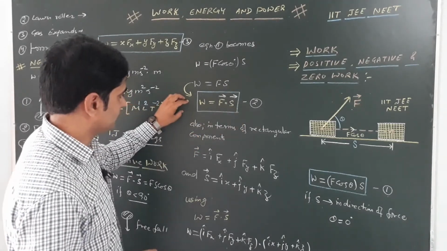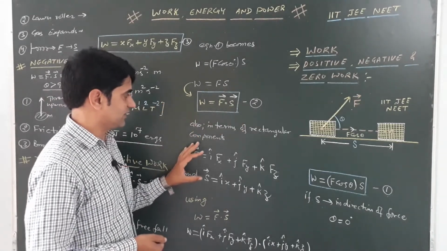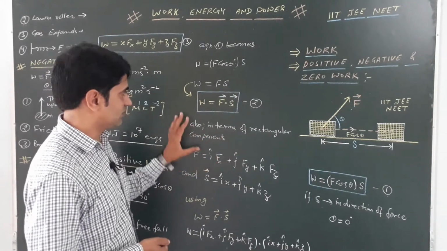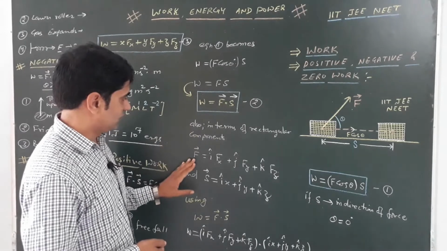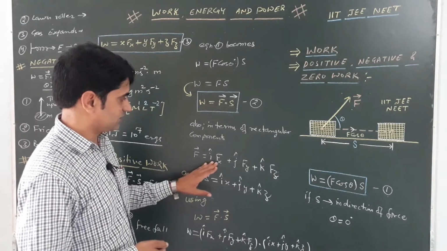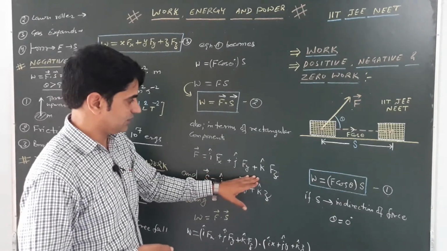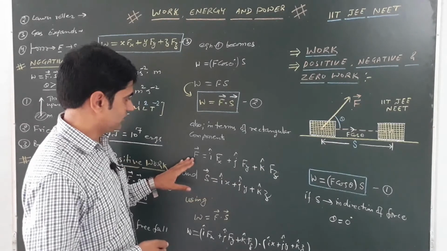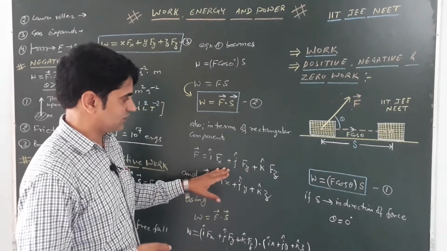From this equation we can also write the work done in terms of rectangular components. Force is a vector quantity, so we can write F equals i cap Fx plus j cap Fy plus k cap Fz, where Fx, Fy and Fz are the rectangular components of the force in the x, y and z directions respectively.